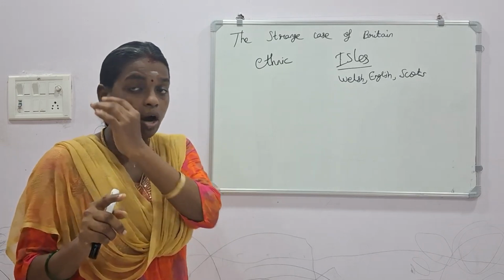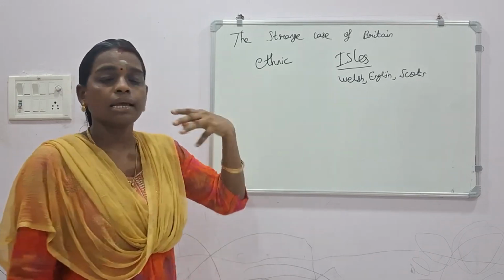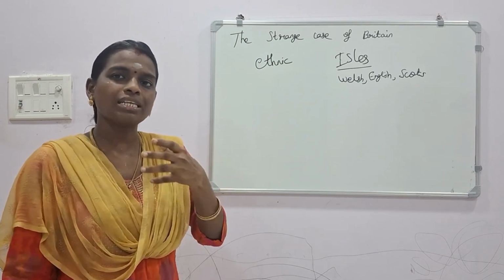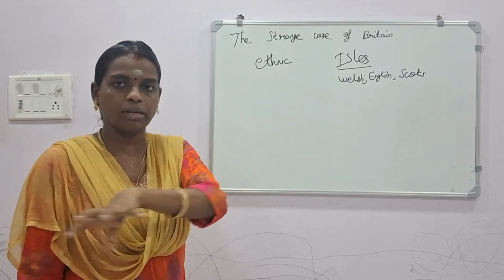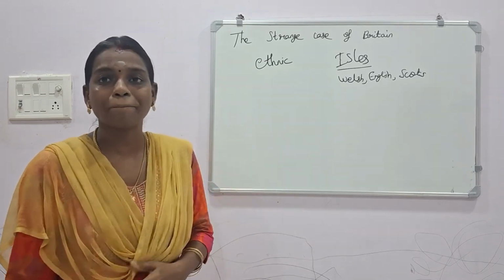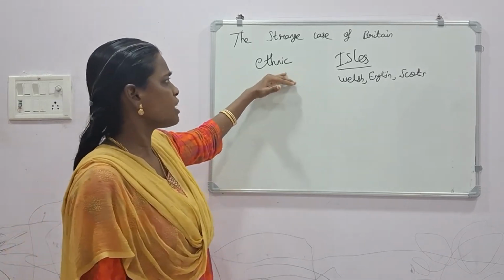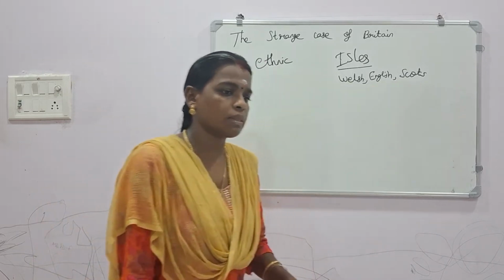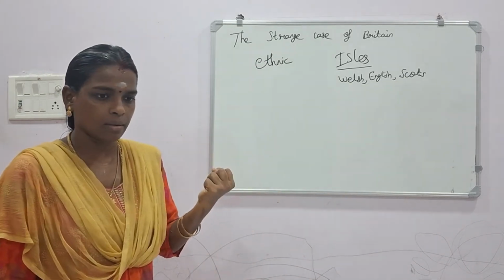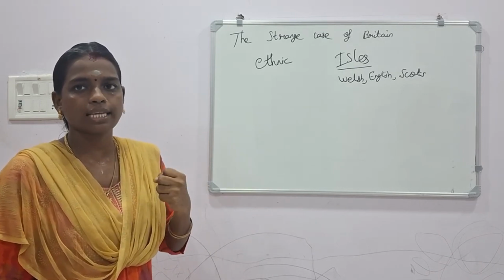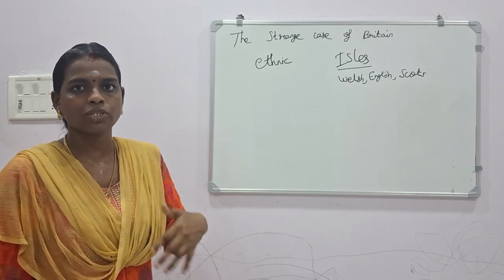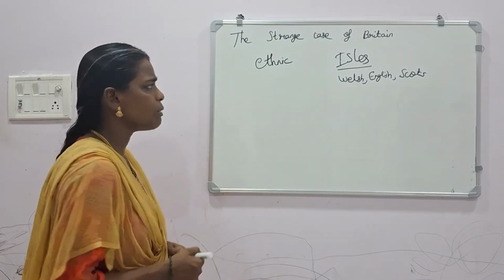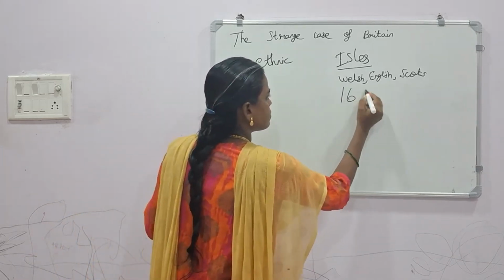Common ethnicity means same language and same political situation, the same pattern they followed all around the British Empire. Even Welsh people, English people and Scots people followed the same. Same ethnicity means same language, same culture, same political situation. And the next thing will be in 1688.